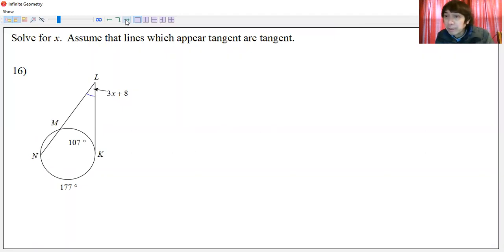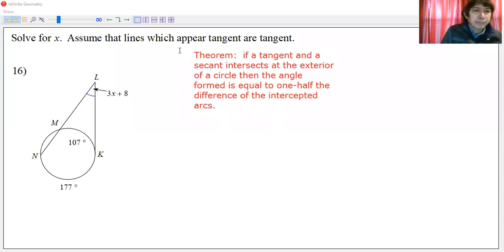The same diagram. We have one tangent, one secant. We can still follow the same theorem. Let's rewrite the theorem there. The bigger arc is 177. Let us write the working equation.